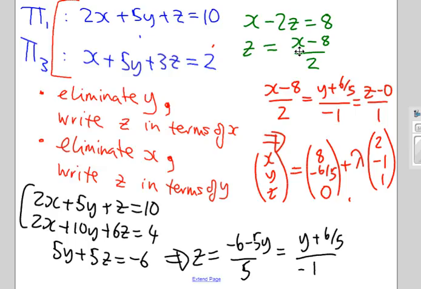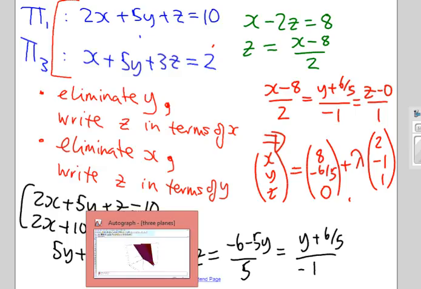Try and fill in the steps for yourself. Because this is z and because this is z, then these three ratios are equal. We've got the Cartesian form of the line, which we can then write in vector form, and now we've got the direction vector of the line and the fixed point.